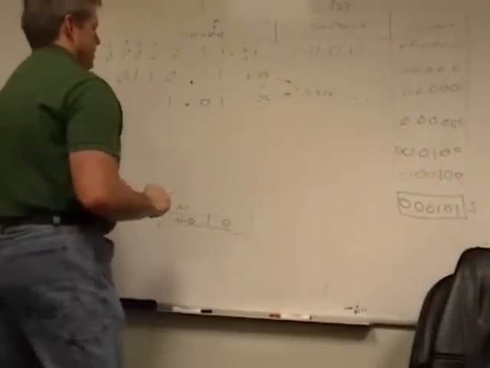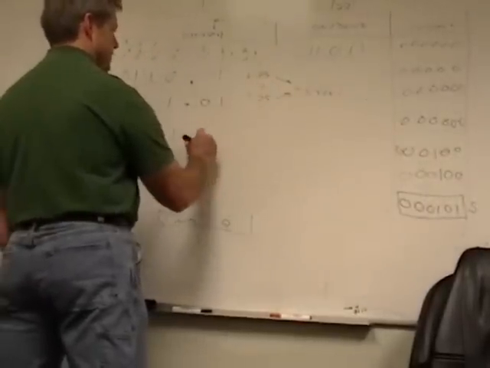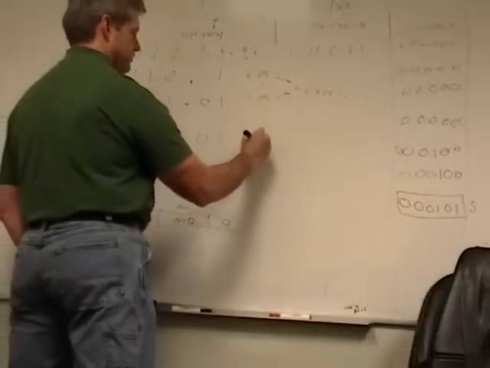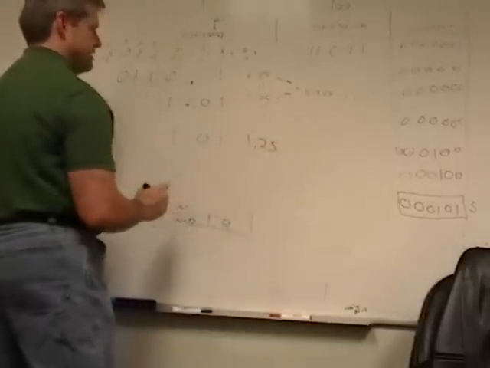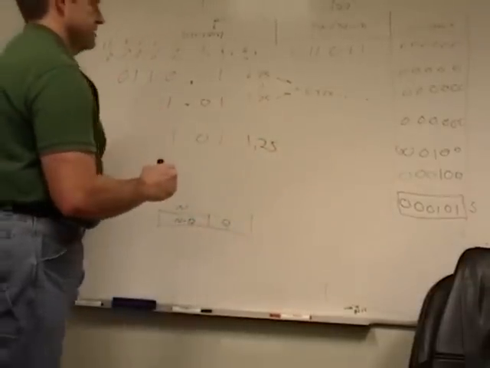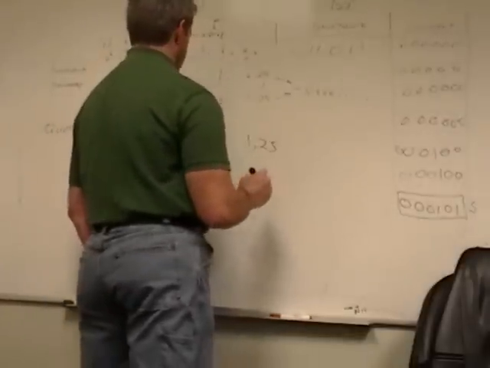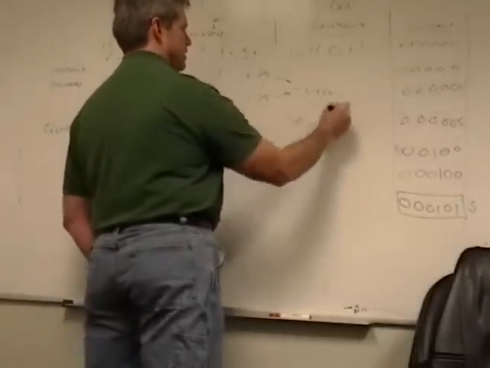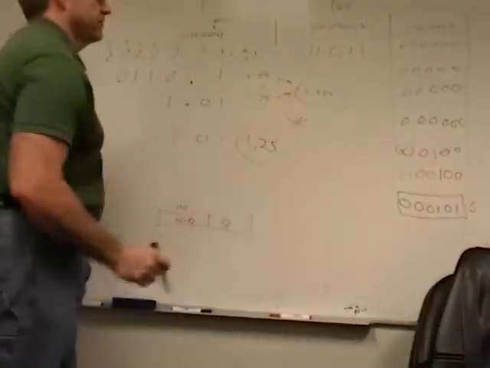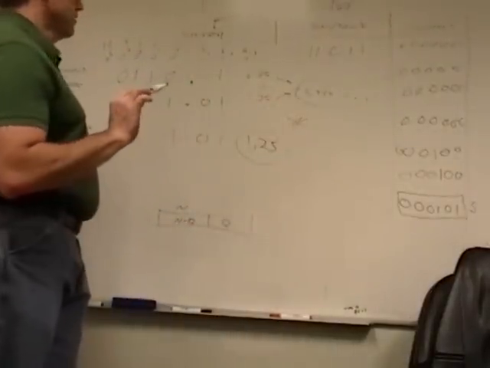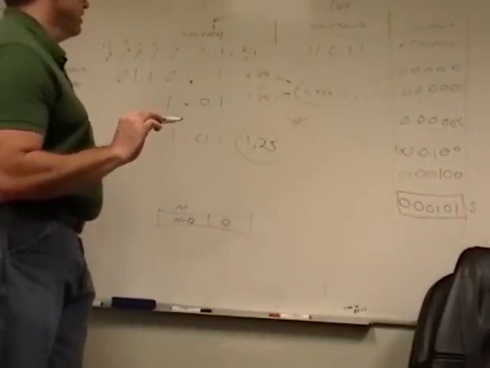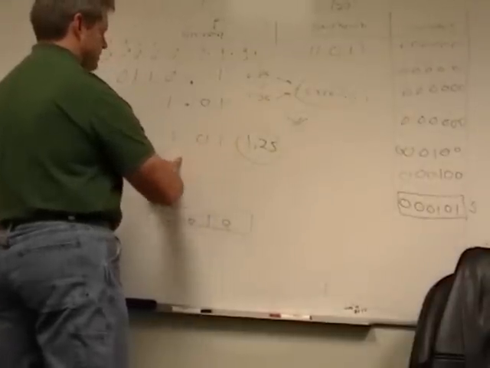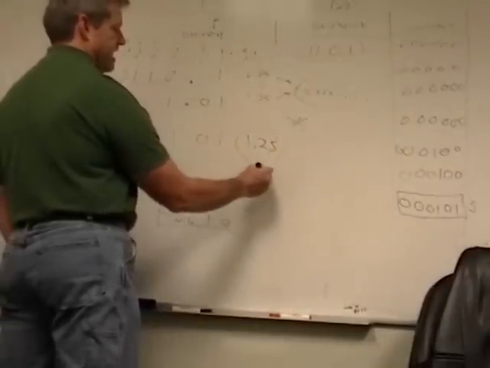Well, but wait a minute. My answer then is 1.01, which we already know is 1.25, because I chose a case that turns out easy and my answer and my divisor are the same every time. Well, that ain't equal either. What's going on here? How do we make this work? This obviously worked for the integer case. Well, notice that in this case, if I move it 2 bits to the left, well then it becomes 5.